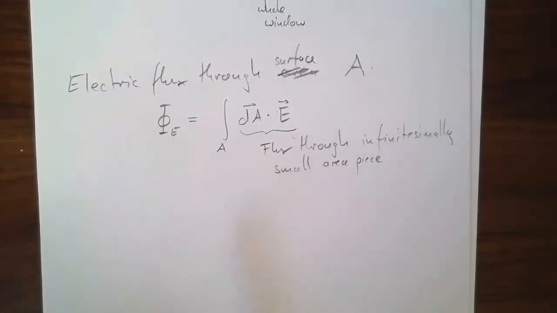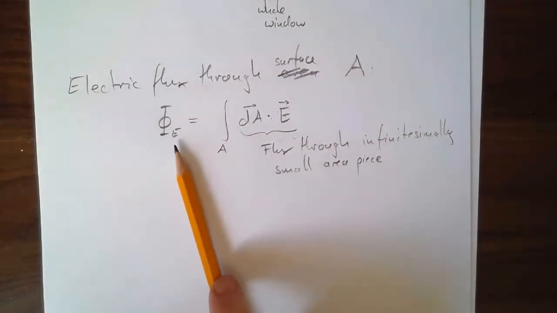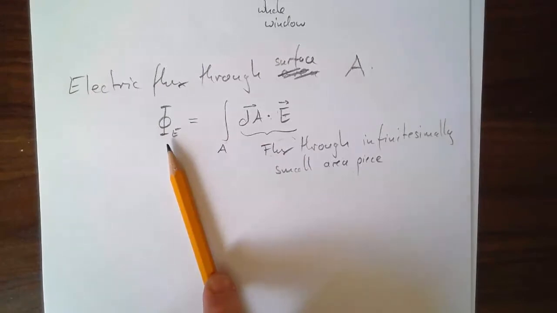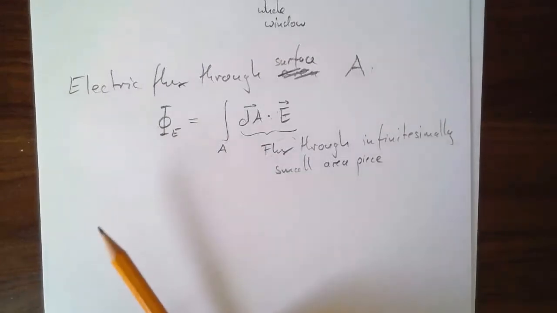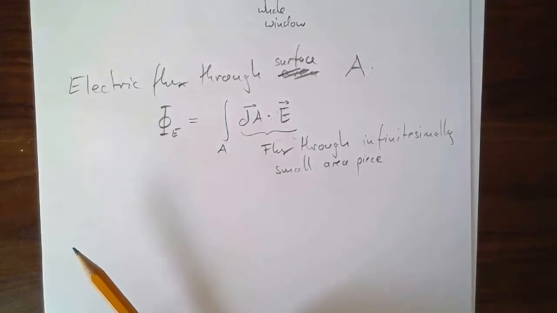Okay. So we have now covered the concept of flux, and specifically, we've got the notion of electric flux. One thing to note is that our window does not have to be a flat surface.